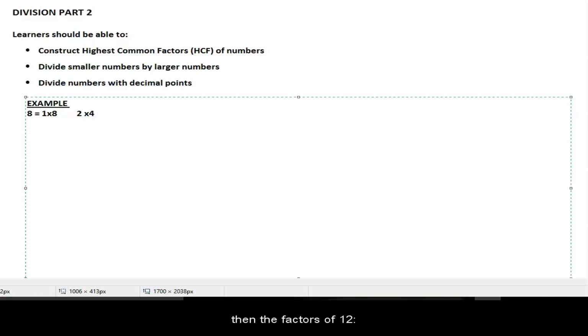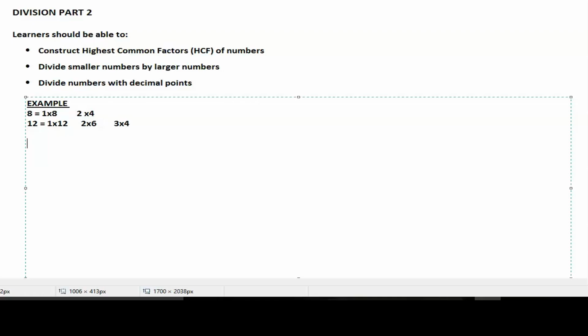Then the factors of 12. Factors of 12 are numbers that multiply to give 12, just like in factors of 8. What are these numbers? 1 multiplied by 12. 2 multiplied by 6. 3 multiplied by 4. These are all factors of 12.